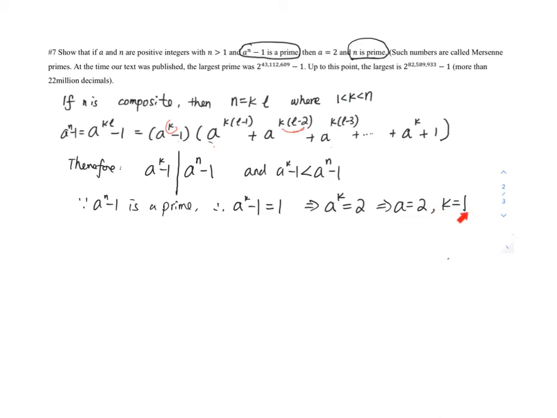But now k leads to a k equals 1 conclusion, which is a contradiction. k cannot be 1. So therefore, a contradiction. What we assumed is incorrect. Therefore, n has to be prime. And furthermore, a has to be 2. So that completes this proof.